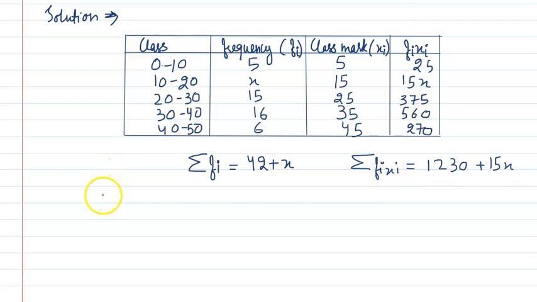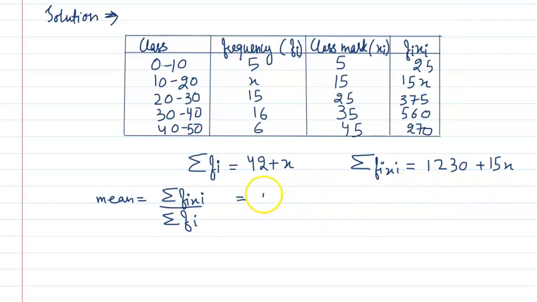So why have we done the summation of these two values? आपको ये पता होगा कि मीन का फॉर्मूला होता है, I am going to write the formula for mean, that is equal to summation of fi xi divided by summation of fi. So अब हमें मीन का फॉर्मूला भी पता है और इन दोनों की वैल्यूज भी पता है, तो हम क्या करने वाले हैं, we will just put the values here.